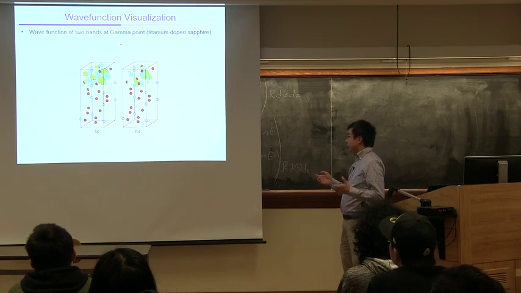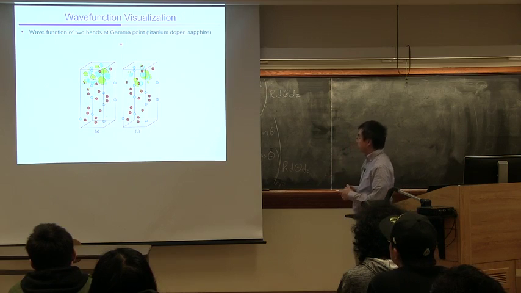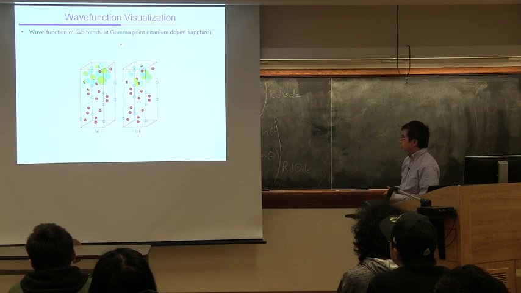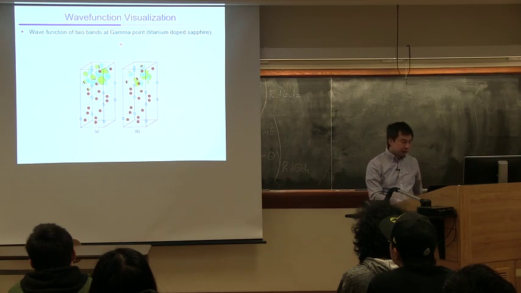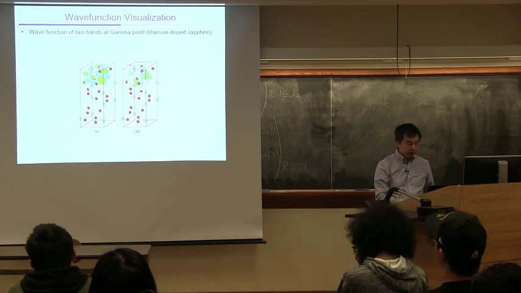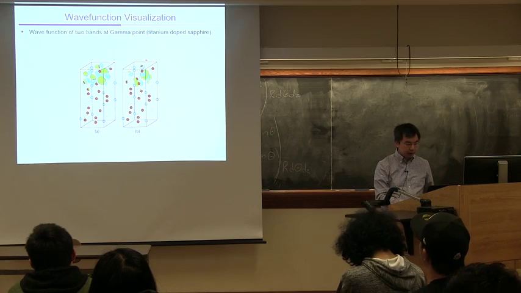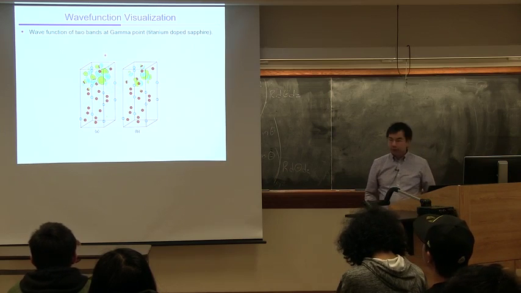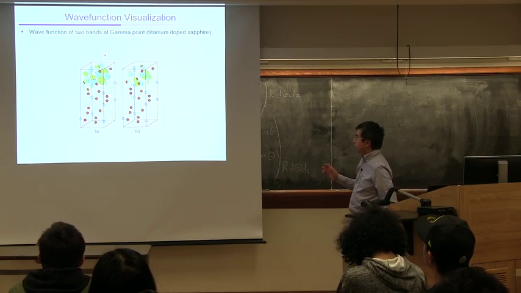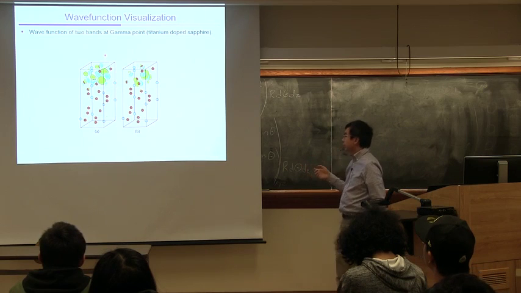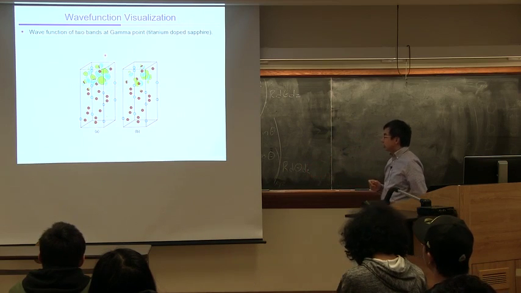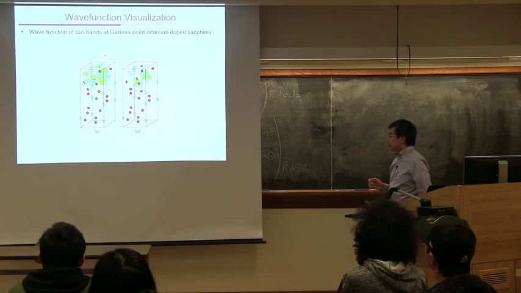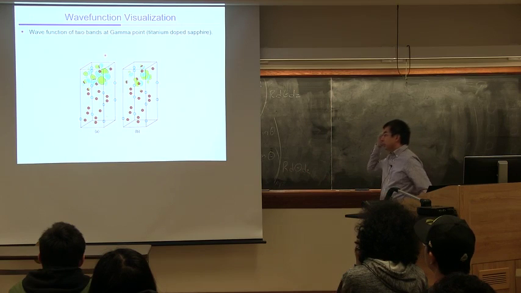when it is excited or when it emits photons, there's a transition between two energy levels. So these are the two energy levels: one is the ground state, the other is the excited state. It tells you how the wave function of an electron will look different after the transition. These are actually transitions between two 3D levels. This is the titanium; the energy level is mainly due to the titanium dopant.